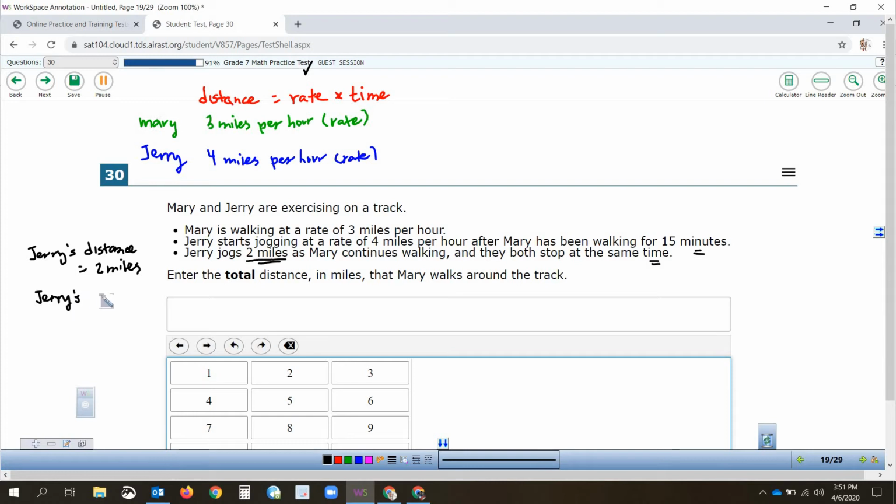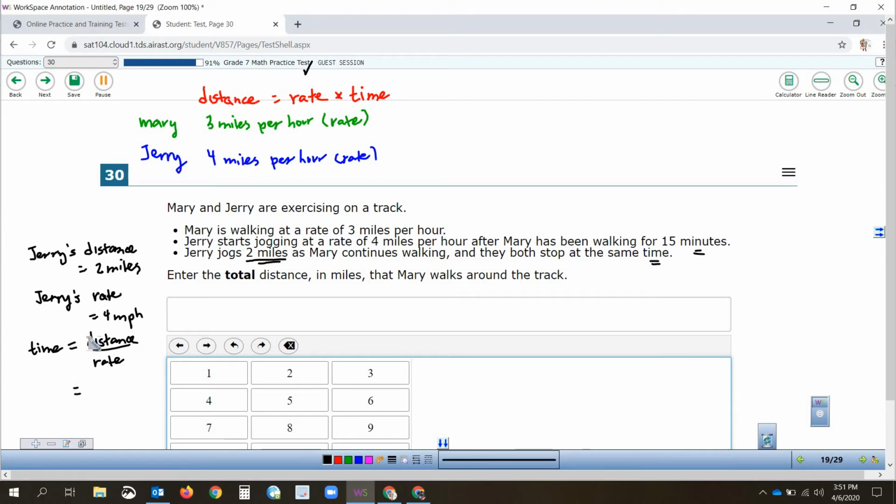We know Jerry's rate is 4 miles per hour. So distance equals rate times time, but what does time equal? If I want to know the time, then I can take the distance divided by the rate. How far you go divided by how fast you're going will tell you how long it took you to go there.